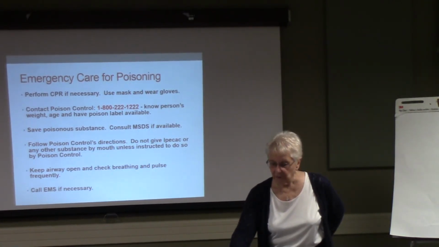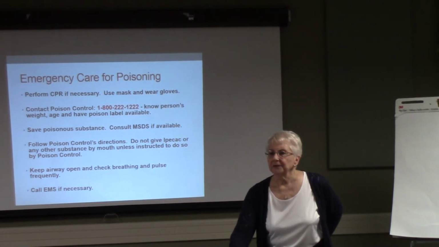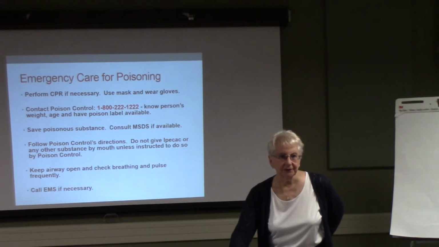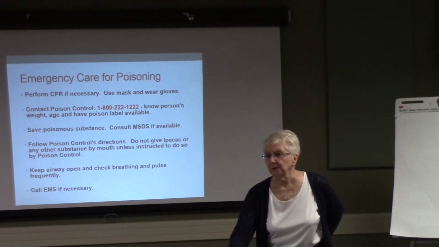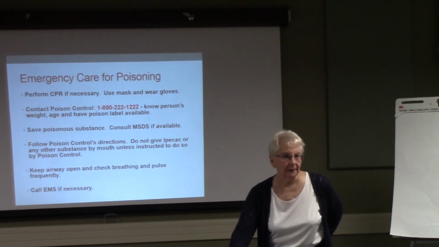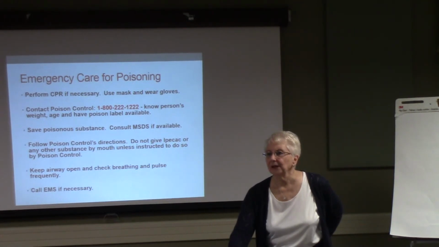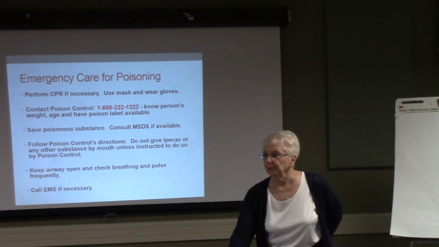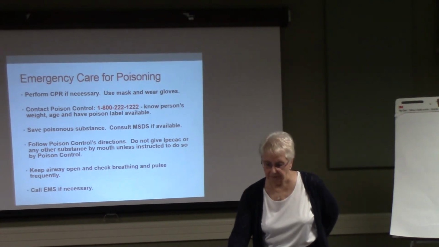Call poison control, they're wonderful. Ours, it's a nationwide number, no matter where you are, it just goes to different centers. Ours is Children's Hospital. They will call you the next day, they will check on you even later if they think it's serious enough. They'll tell you whether to go to the emergency room or not.